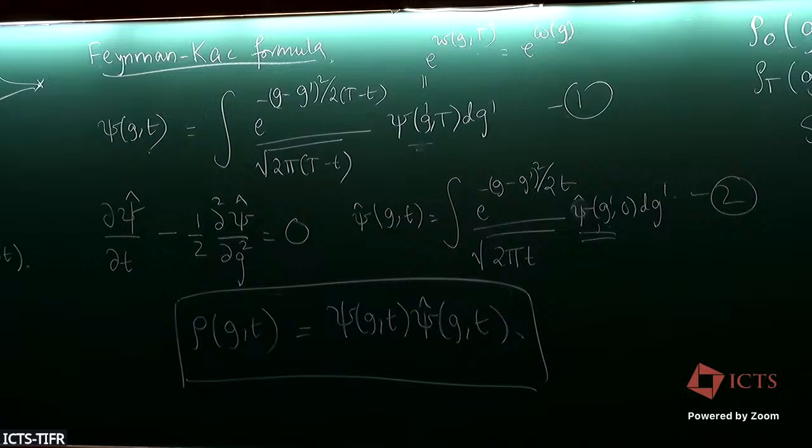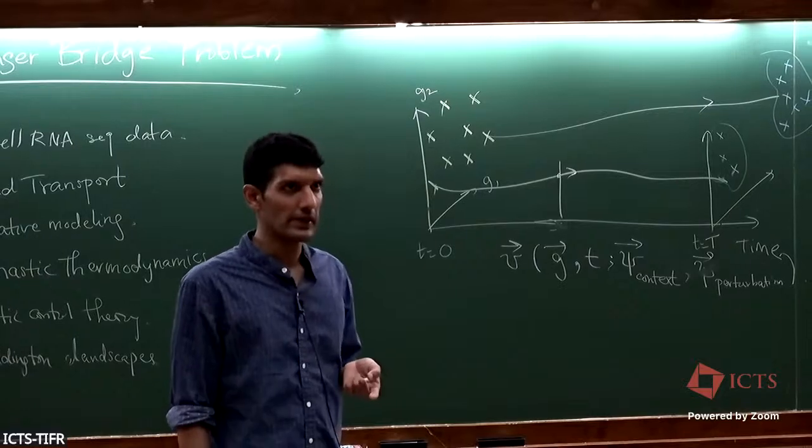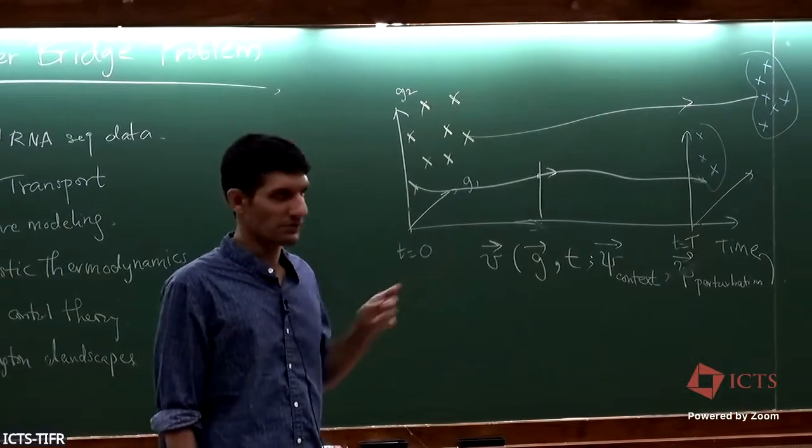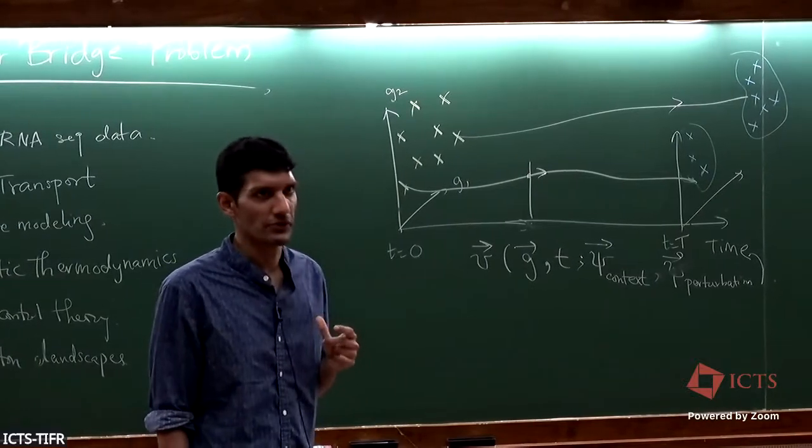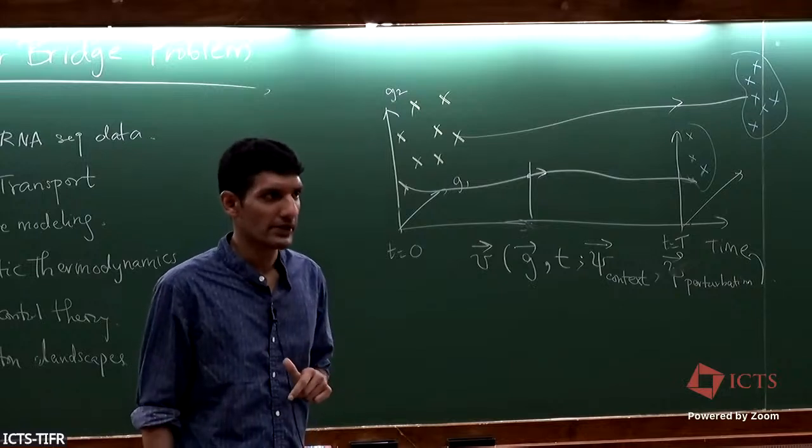Now, supposing you have this data, right? You have this data at time 0 and at capital T. Where is that being used? Yeah, for when you're analyzing data, you can write down the empirical distribution, which is the sum of delta functions. And you can proceed with this procedure. There are certain simplifications you can make because it's a discrete distribution.